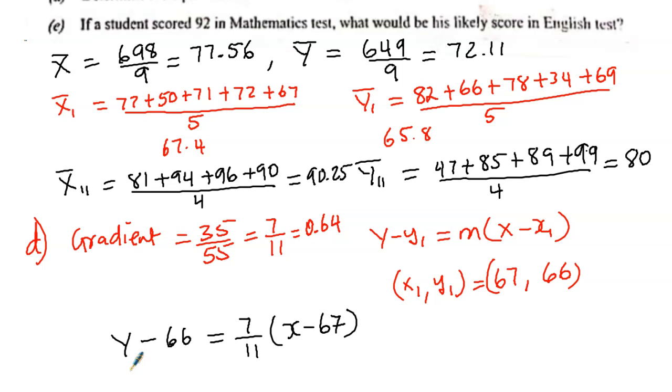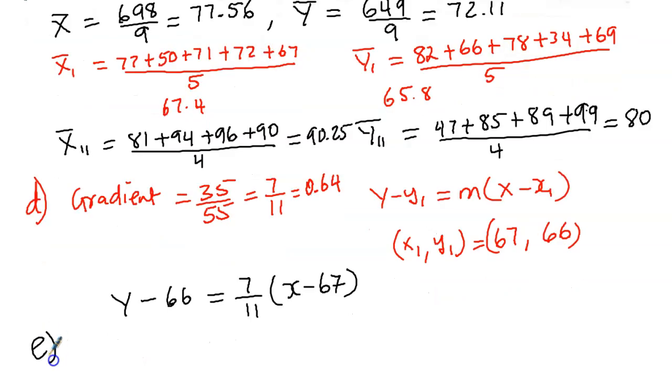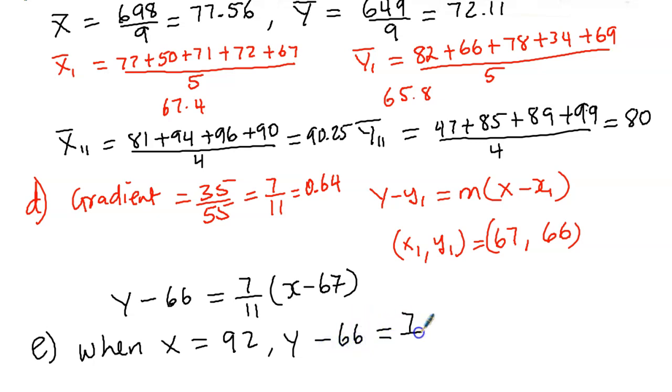So let's use the equation since we have it here. Remember, mathematics is the x value. So when x equals 92, y minus 66 equals 7 over 11 times 92 minus 67.